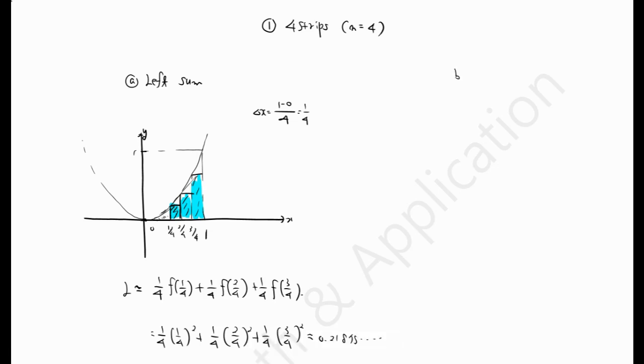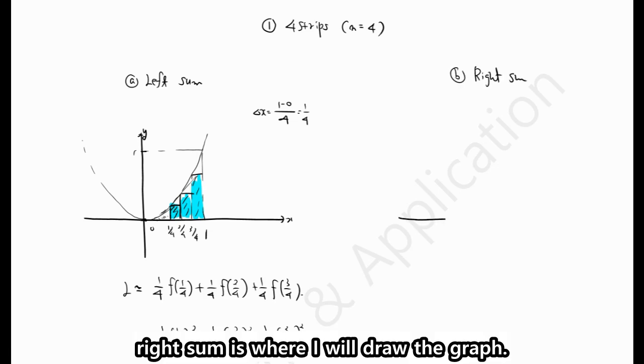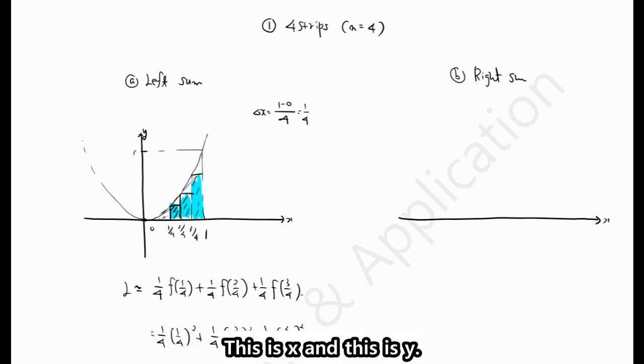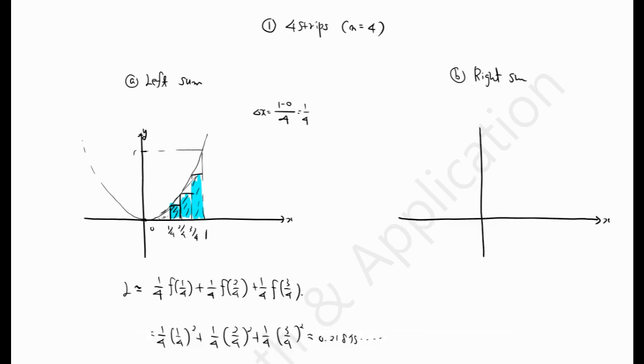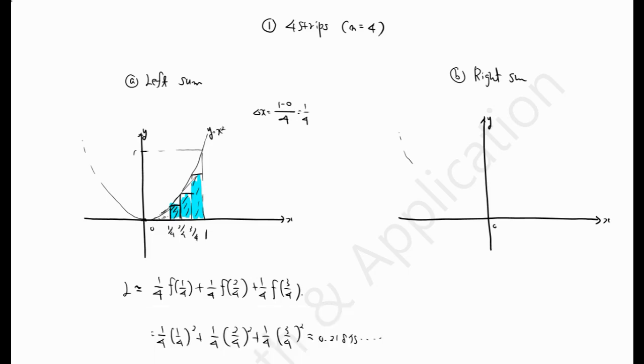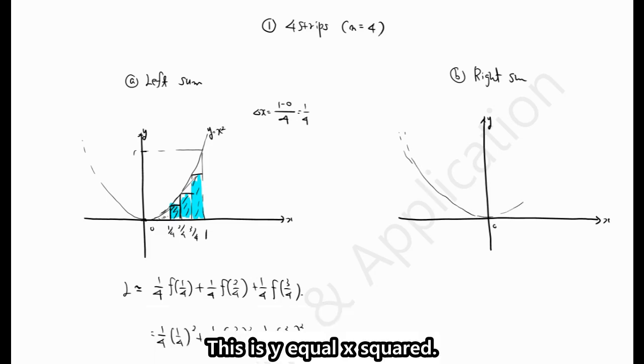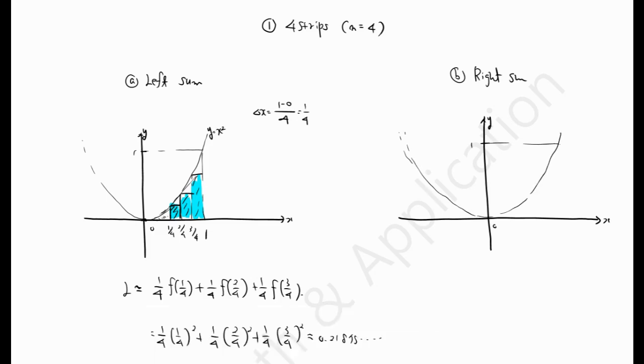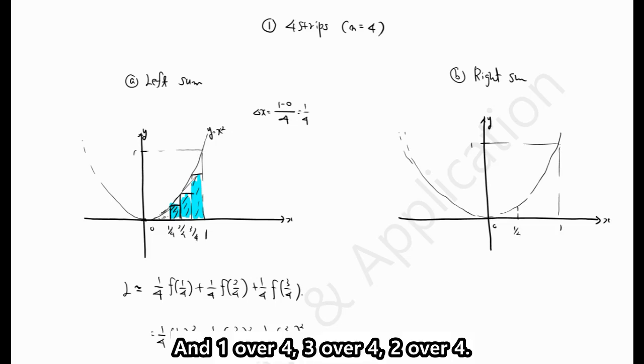The right sum is, I will draw the graph. This is x and this is y. This is y equal x squared, with 1 over 4, 2 over 4, 3 over 4.